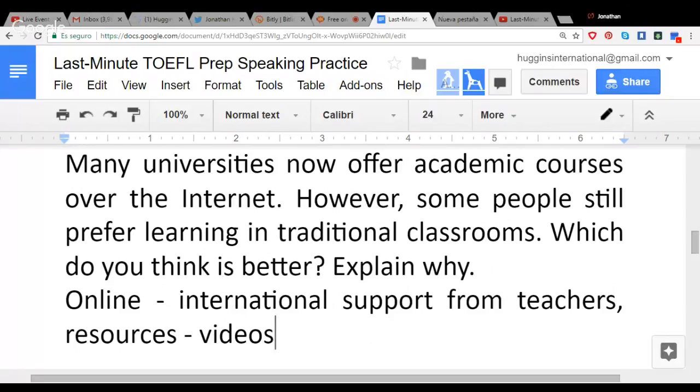So try to replace the word option with whatever the prompt would suggest. Like for this one, many universities offer academic courses online, others in a traditional classroom. So rephrase that and say those are the reasons why I would support online courses.